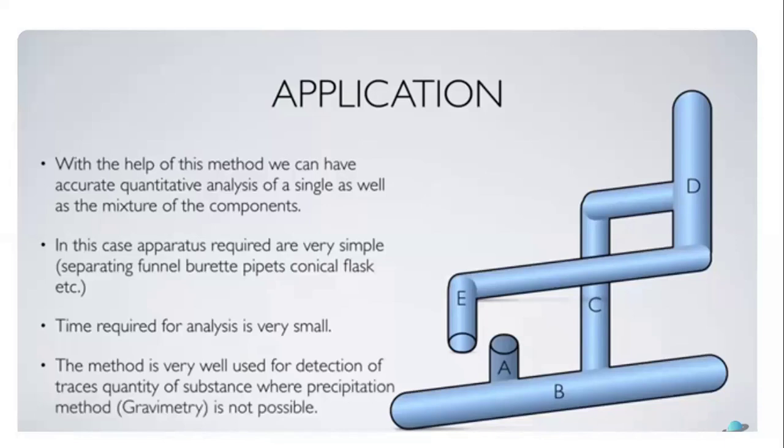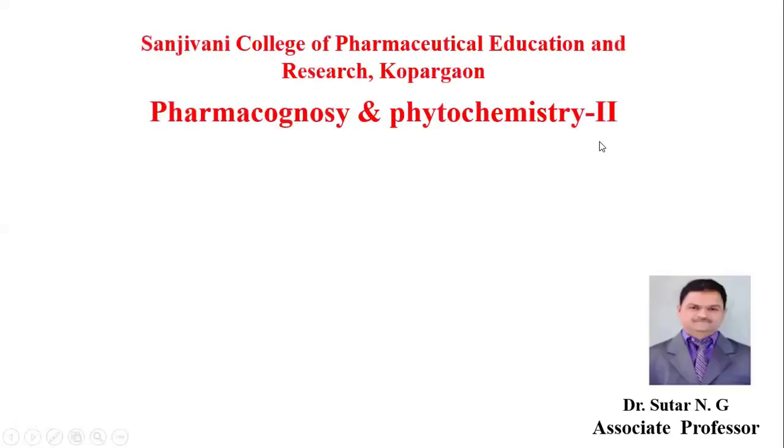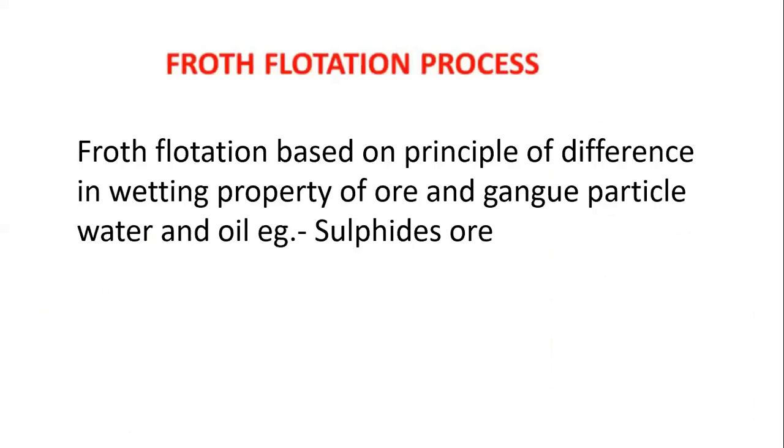Okay. So the next video that we'll see is the froth flotation technique. The froth flotation process is based on the difference in wetting property, where different types of materials are utilized.